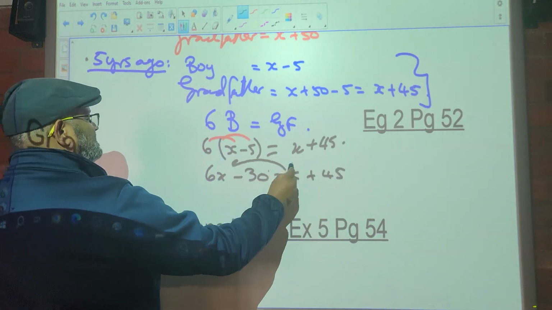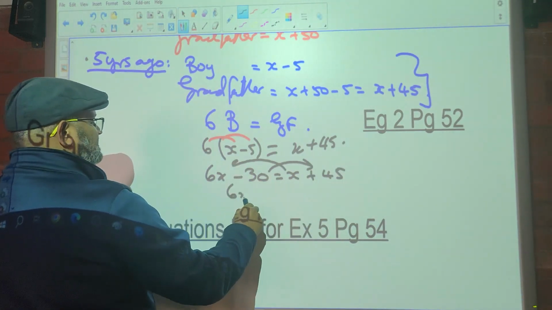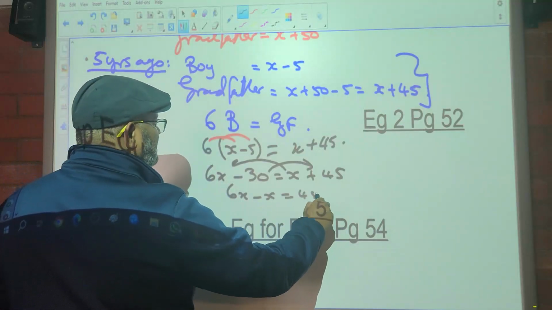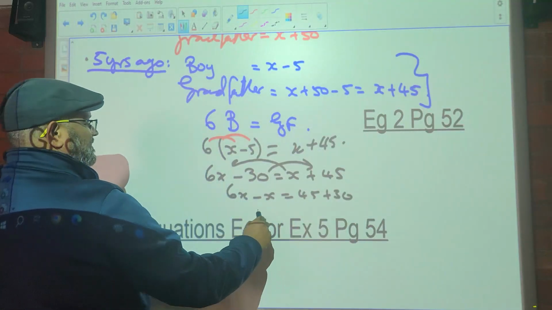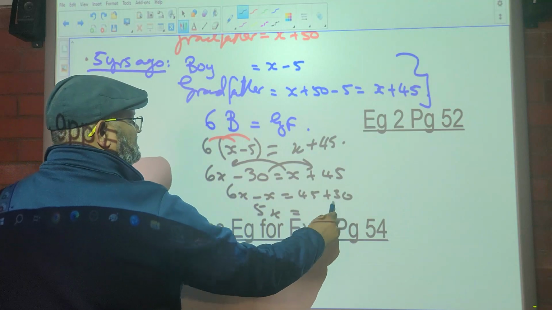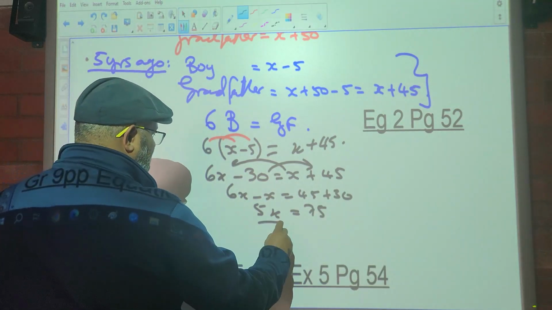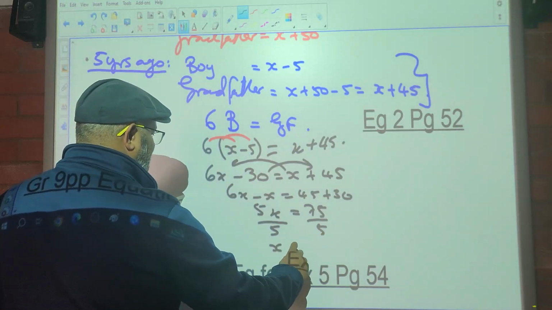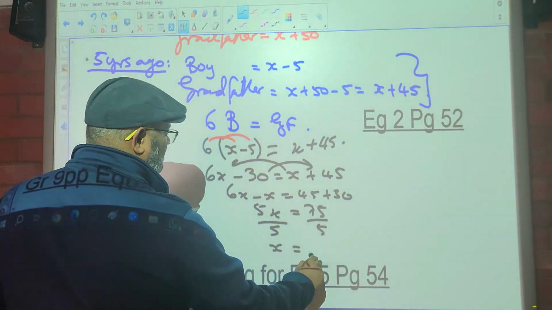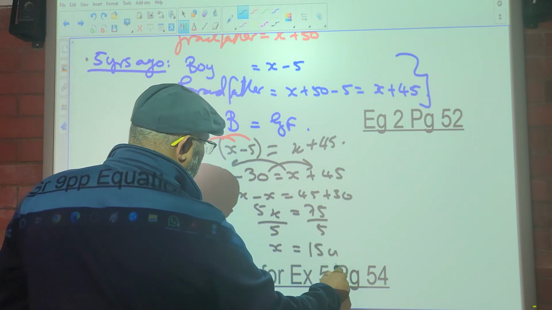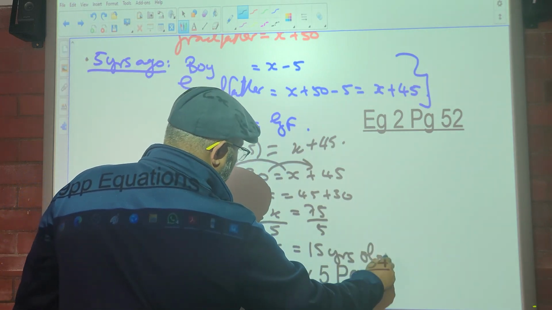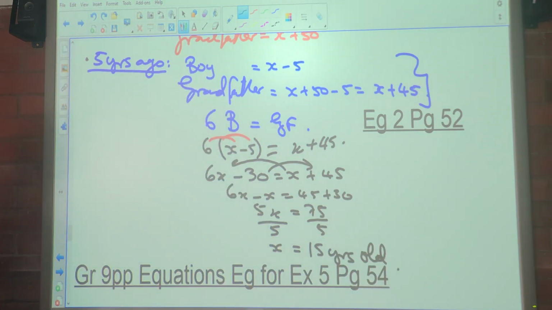X on one side, numbers on the other side. So it's 6x minus x is equal to 45 plus 30, which is 5x is equal to 75. 75 divided by 5 is 15 years. Who is 15 years old? The boy is 15 years old.